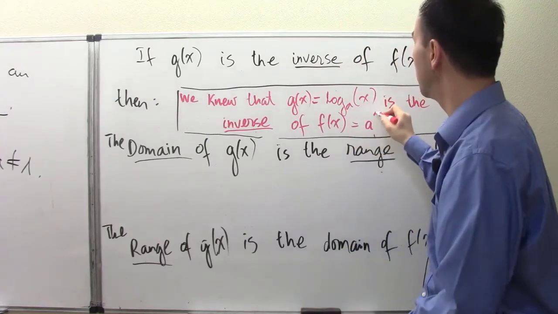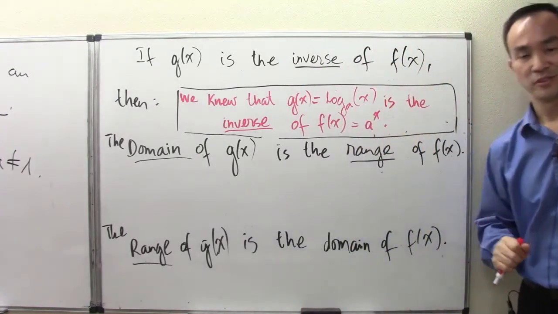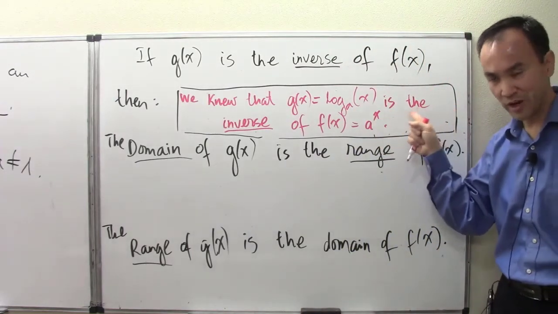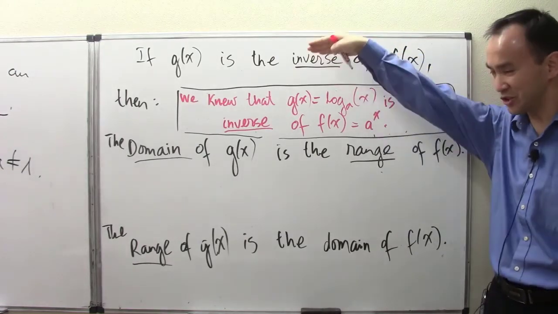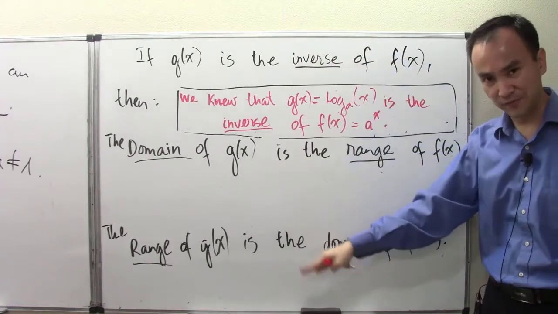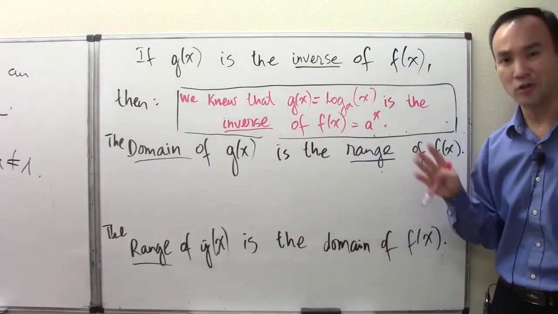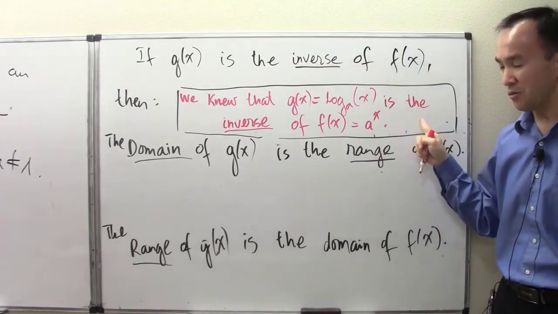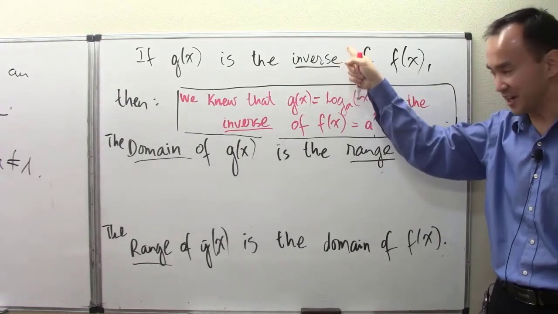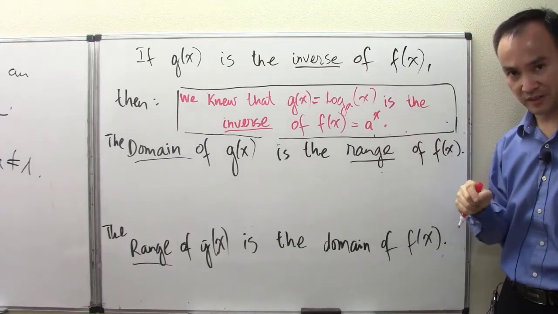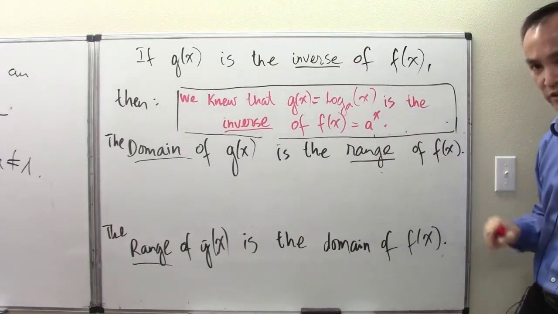That was defined as a to the x. So we knew that. That's why I wrote it in red right here. The part I'm writing in black ink is the general understanding that we already learned from previous learning. But the red part right here is where we apply the general understanding to our specific, particular learning material right now.